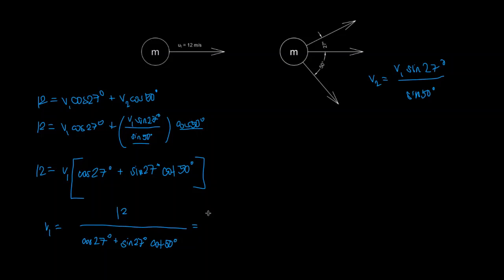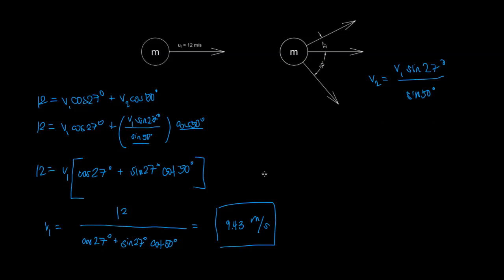So when you input this in your calculator, you will get a value of 9.43 meters per second. So this is our answer for v sub 1.